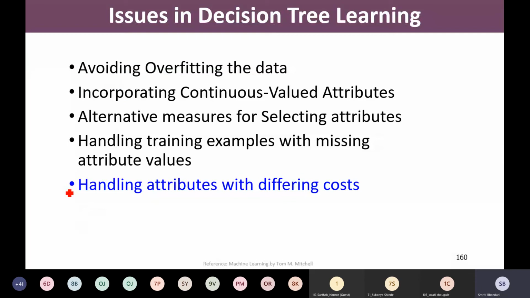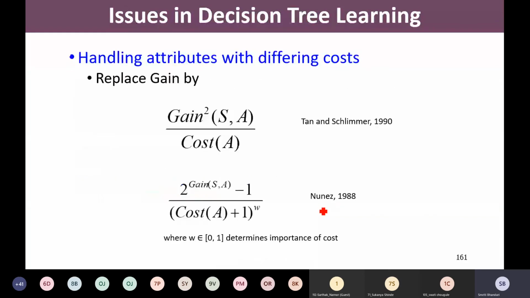Got it? Let us go to the last issue, handling attributes with differing costs. Sometimes in the data set, we may have different costs for different attributes, right?